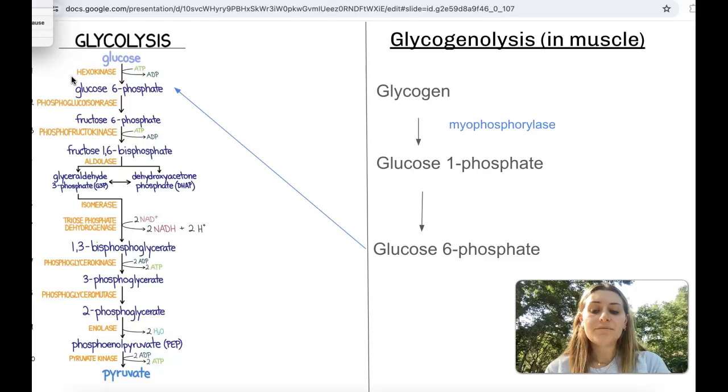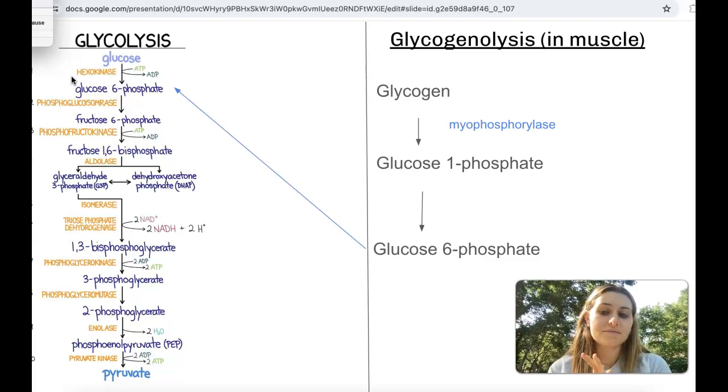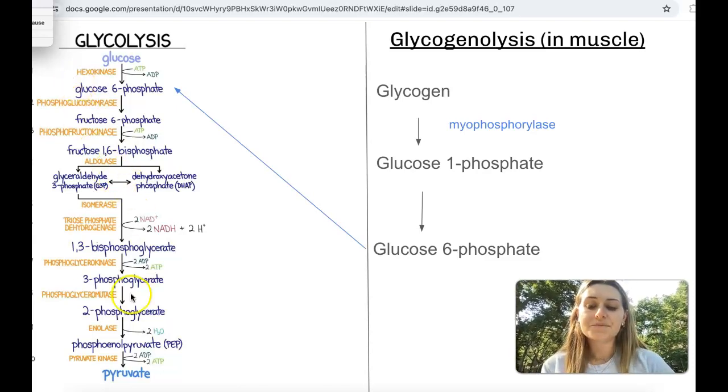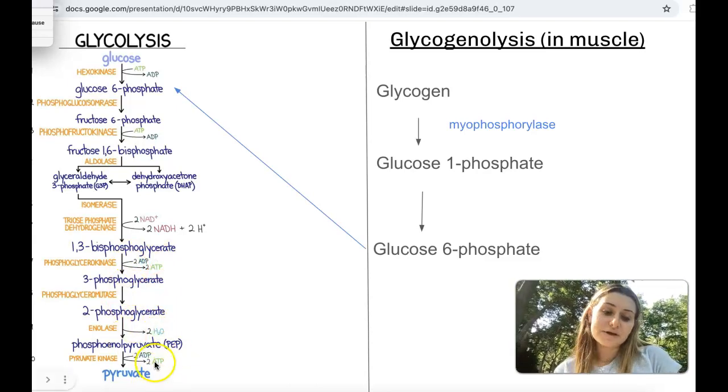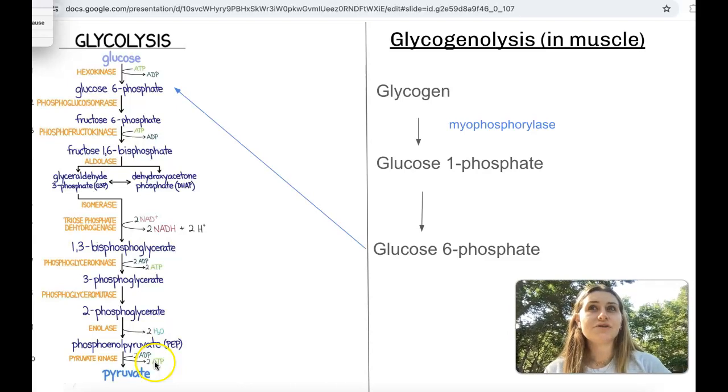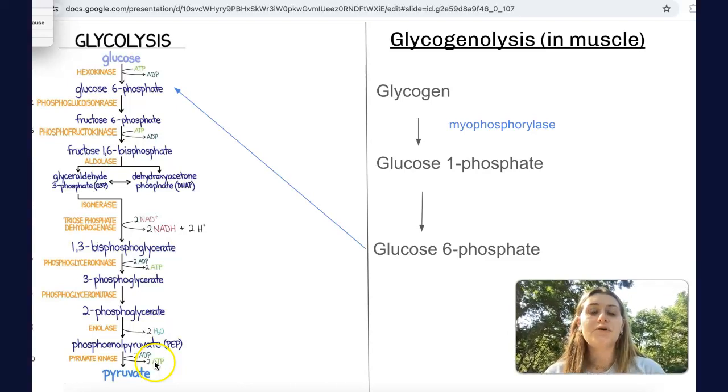So you can make that small amount of ATP right here and right here. So you're getting some ATP, definitely not as efficient use of per glucose molecule.